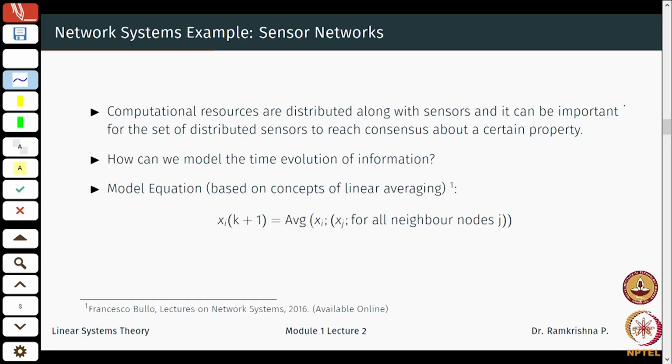How can we model the evolution of this, or reach a consensus for a temperature or humidity in an area? Okay, one model is based on the concept of linear averaging.